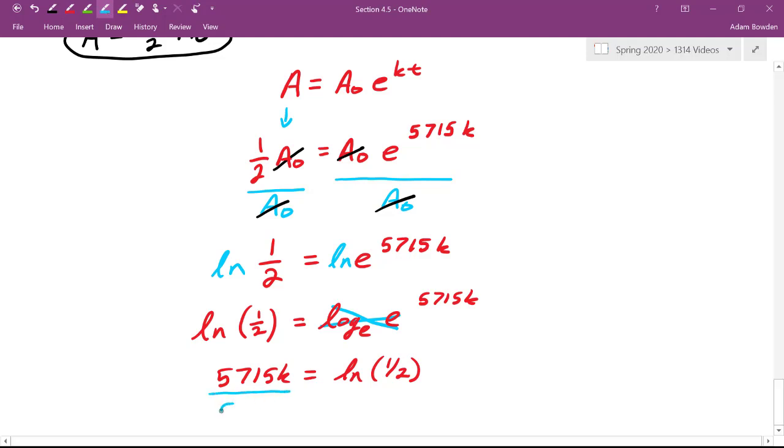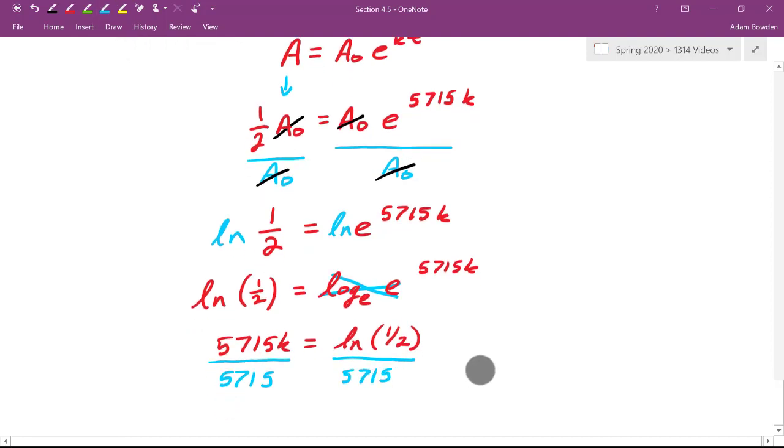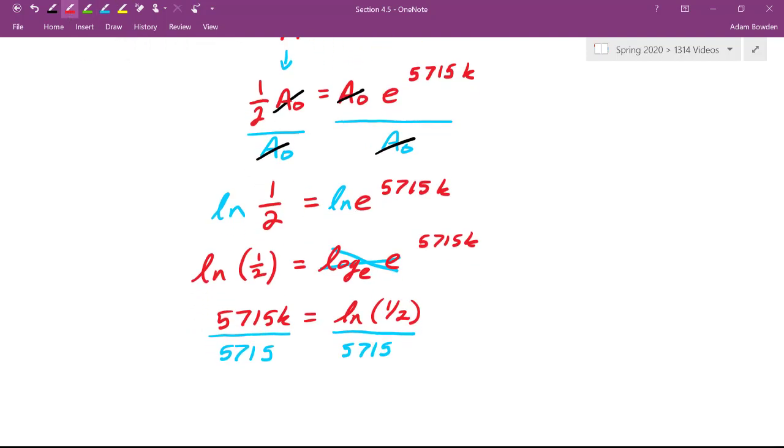So I can divide out this 5,715 from both sides, and that's going to leave me with k. K is ln 1/2 divided by 5,715.